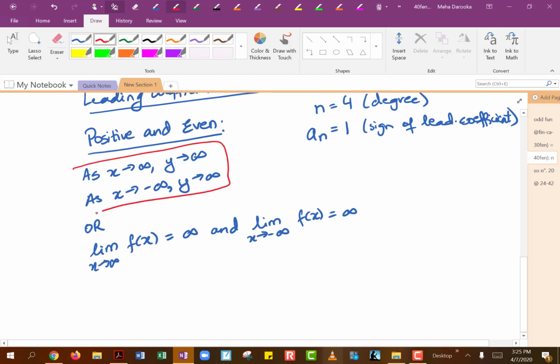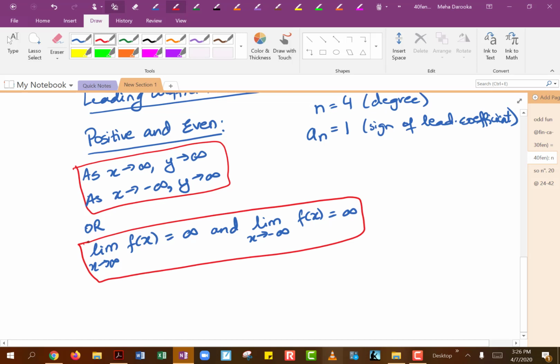So that's two different ways again of writing our results for the leading coefficient test, or just again as a rough graph, both arms of our function will be going up. Okay, so that's kind of what this leading coefficient test tells us.